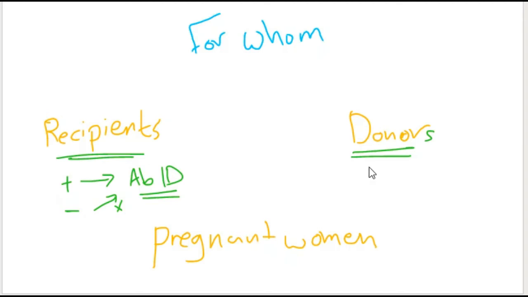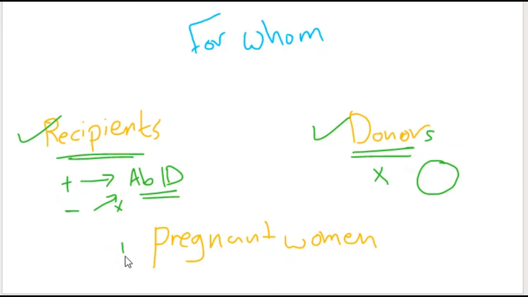If a donor has an unexpected antibody, which very rarely happens, the donation is discarded because we don't want to use plasma containing unexpected antibodies, as these antibodies can cause complications in recipients. However, even if we detect it and discard the donation, there is no need to do antibody identification for donors.